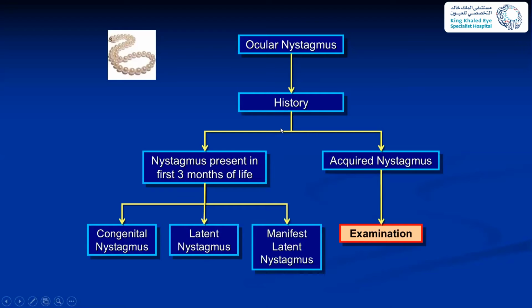If the nystagmus was acquired, present at any time after 3-4 months, or suddenly in adulthood, then we will evaluate it under acquired nystagmus, and we will come to this later on. But let us now concentrate on ocular nystagmus present in the first 3 months of life, and discuss these 3 entities: congenital, latent, and manifest latent nystagmus.